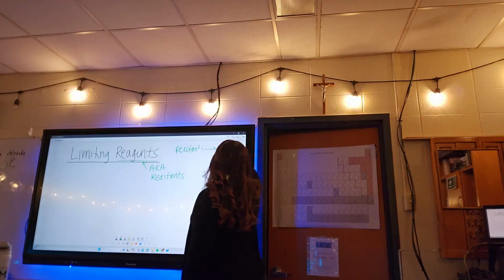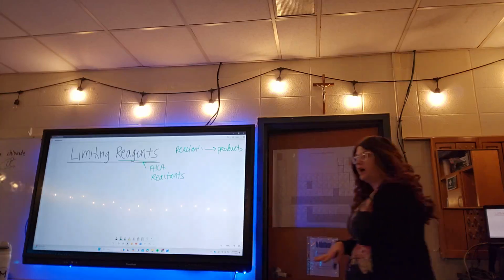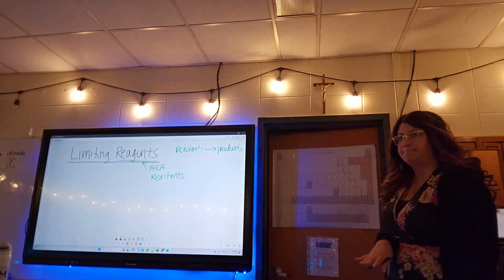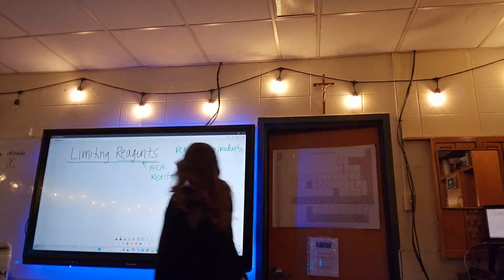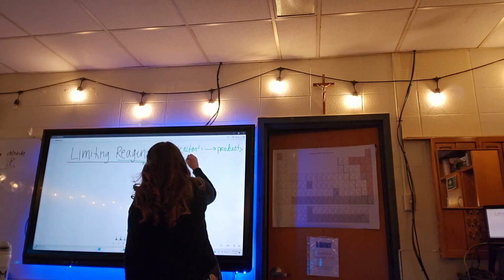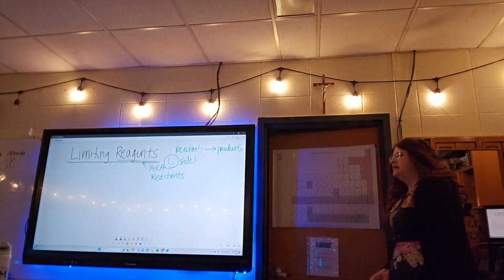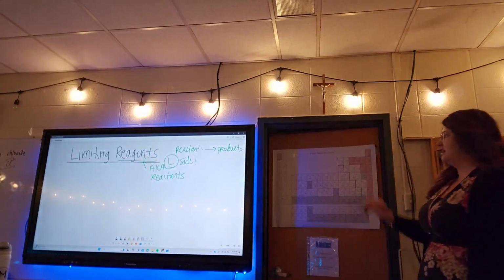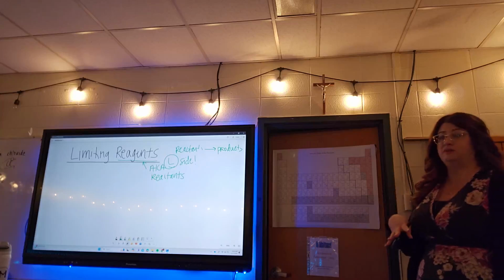Products. So in order for something to be a limiting reagent, it has to be on what side of the reaction arrow? The left. So if you're ever asked to tell me what the limiting reagent is, if you write something on the right side of the arrow, that can't be a reagent because it's a product.